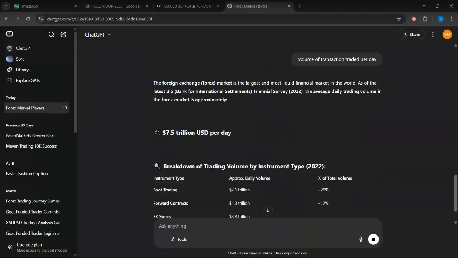As of the latest Bank for International Settlements survey in 2022, the average daily transaction in the forex market is approximately 7.5 trillion US dollars per day. It's not even naira, it's US dollars per day. So you will see that the skill you are trying to acquire, the business you want to get involved in, is like an ocean. So it's more than enough for everybody to make their own.